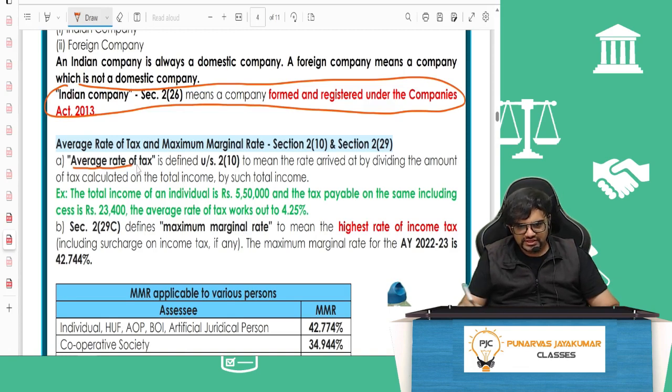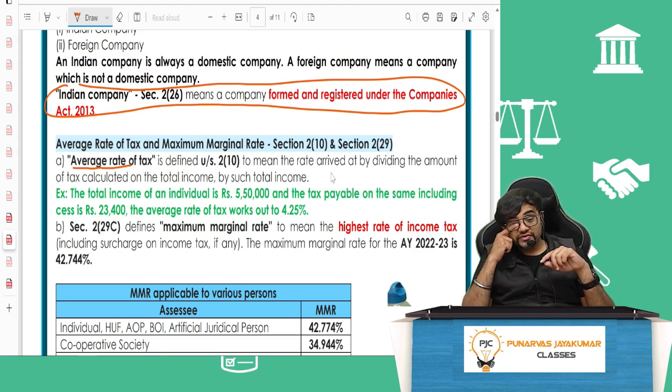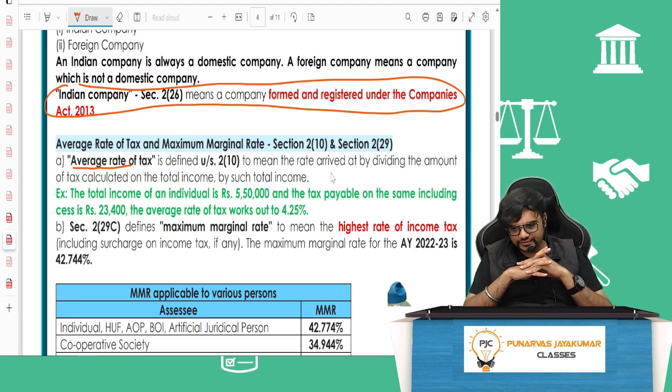Average rate of tax is defined in 2(10) to mean the rate arrived at by dividing the amount of tax calculated on the total income. For example, the total income of an individual is 5,50,000 and the tax payable on the same is 23,400. So what is the average rate? 4.25%.